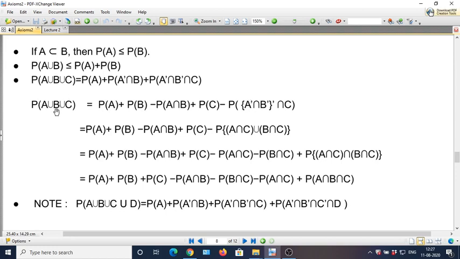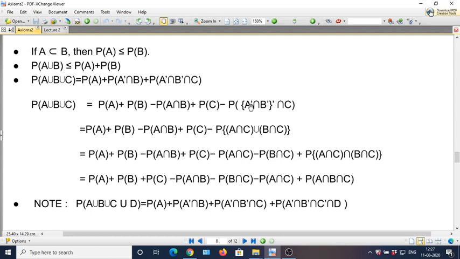So we have written A union B union C in this manner. Now we will go on to further write it as P of A plus P of B minus P of A intersection B. This is PC.